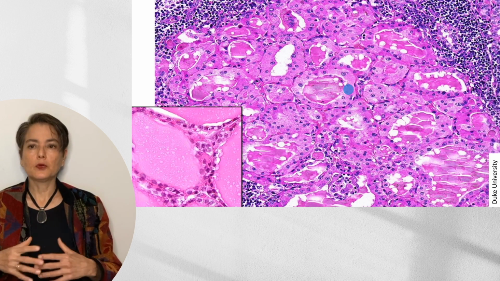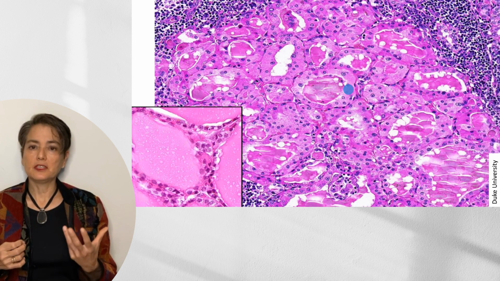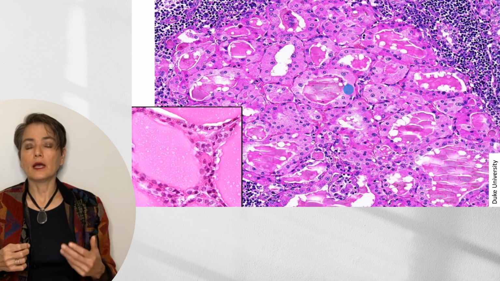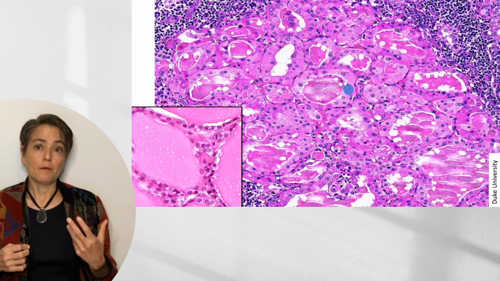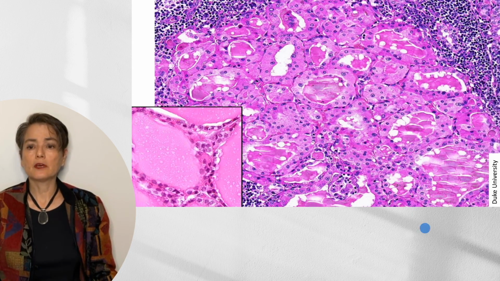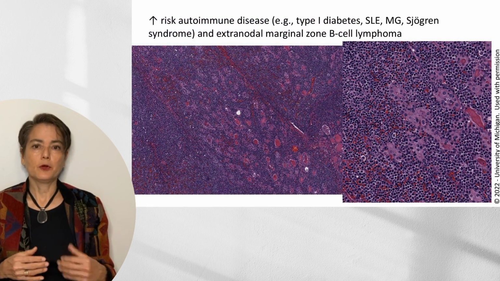Now, as you'd imagine, when you have all of these inflammatory cells in this organ, just as we've seen in other organs like in Helicobacter pylori gastritis, where you can get a MALT lymphoma, or in Sjogren's syndrome, where you can get a marginal zone B-cell lymphoma that forms, we can also see that in Hashimoto thyroiditis.